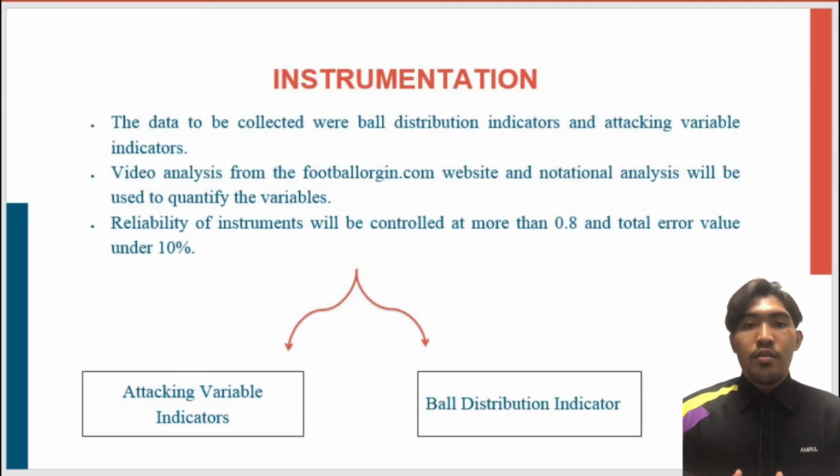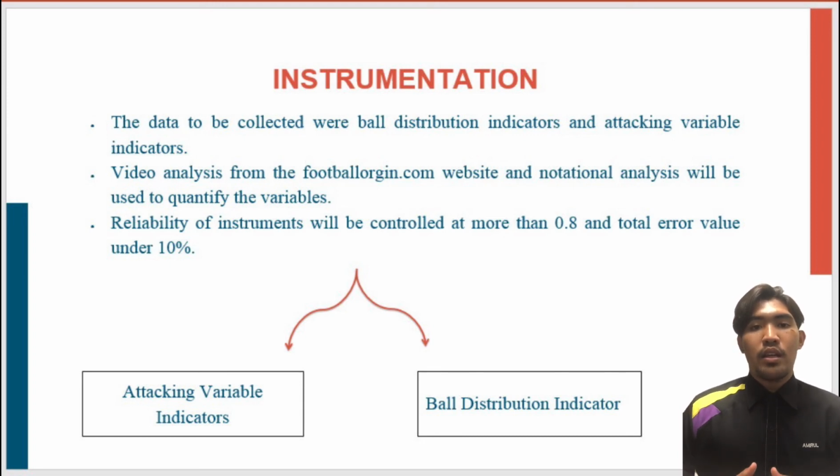There were a few instruments used in this analysis. The data to be collected were the ball distribution indicator and the attacking variable indicator. The ball distribution indicators to be analyzed are passing attempt, pass complete, short pass, long passing, and direction of the passing.